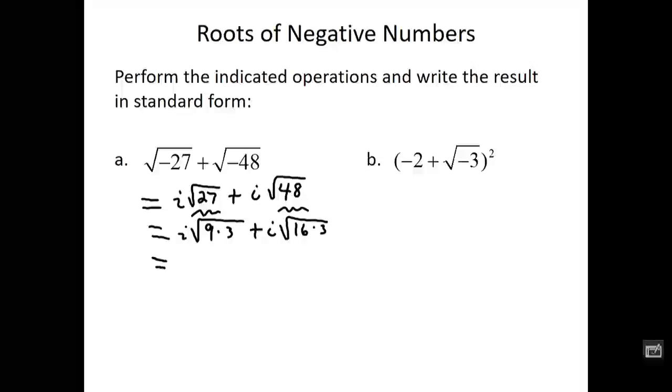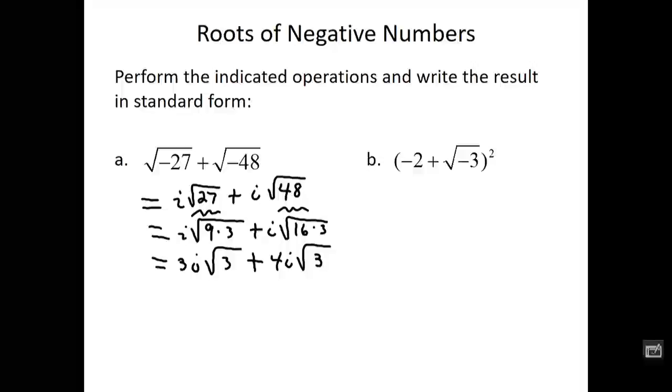The square root of 9 times 3 is the square root of 9 times the square root of 3. The square root of 9 is 3, so we have 3i times the square root of 3, plus the square root of 16, a perfect square, so we have 4 times i times the square root of 3.